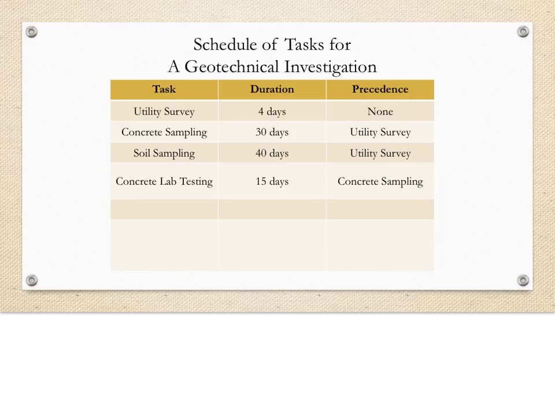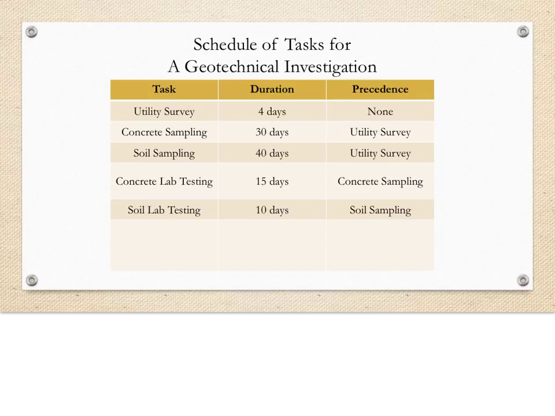Now, after we take concrete core samples, the next step is to send them off to get tested. This process is projected to take 15 days. Once the soil samples are gathered, we can send them off for testing. This should take 10 days to complete.